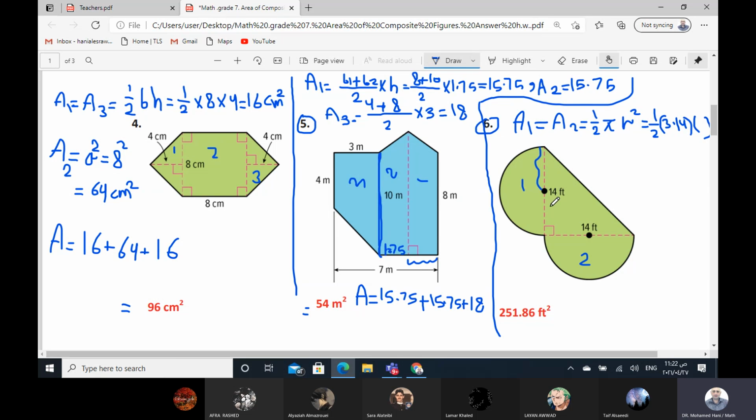So the whole is 14, the half of this distance will be 7.